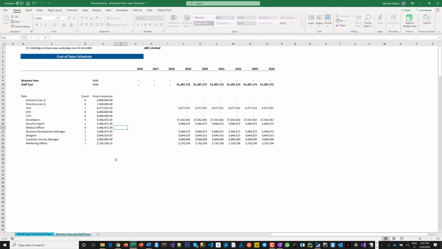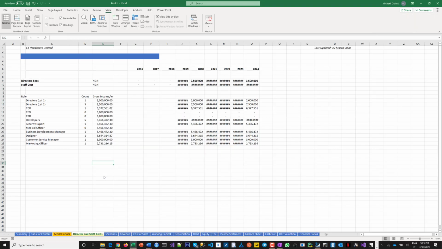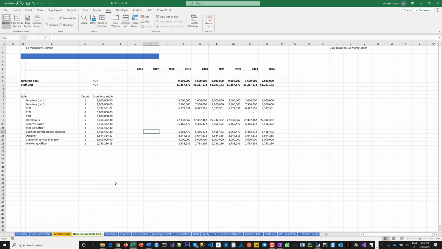Also, when you try to get VC funding, they will want to do the valuation in dollars, because most of the time they are being supported by foreign investors. But for a manufacturing company, a lot of times you can get traditional investors, banks, to bankroll you, people who are willing to put in money in naira, and typically all of your costs are going to be pegged in naira.